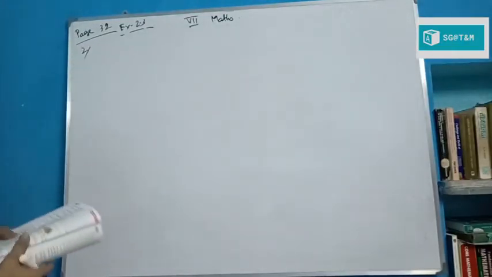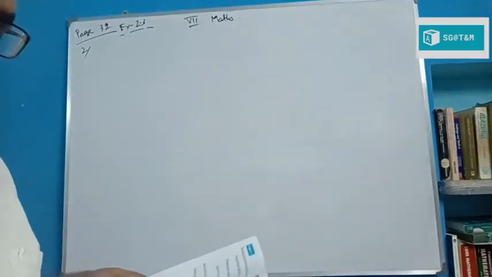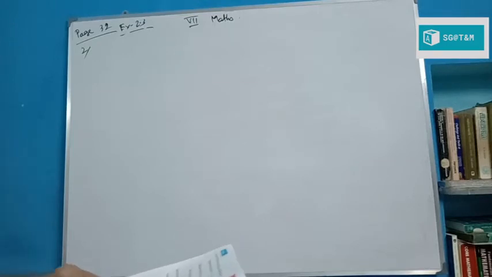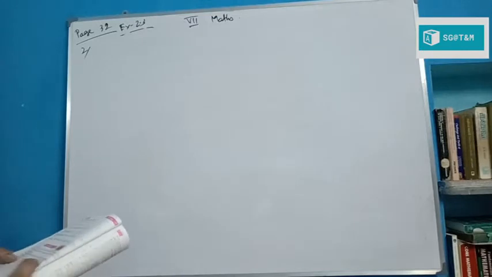Number 2, I repeat once again. If rupees 640 is divided between Bishu and Aparna in the ratio 5:3, find how much each would get.